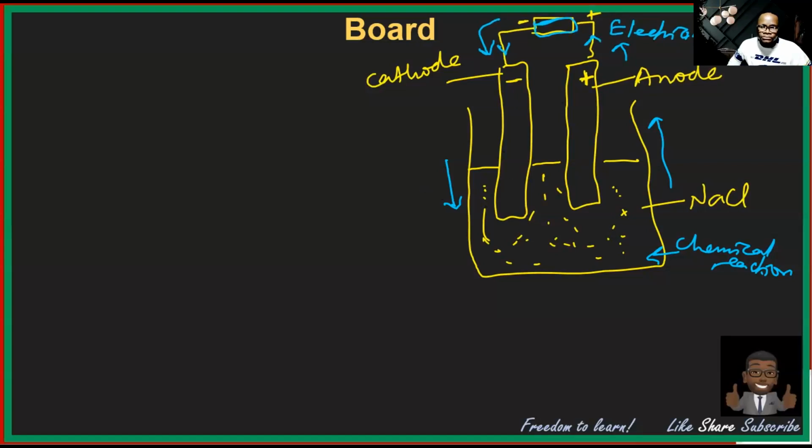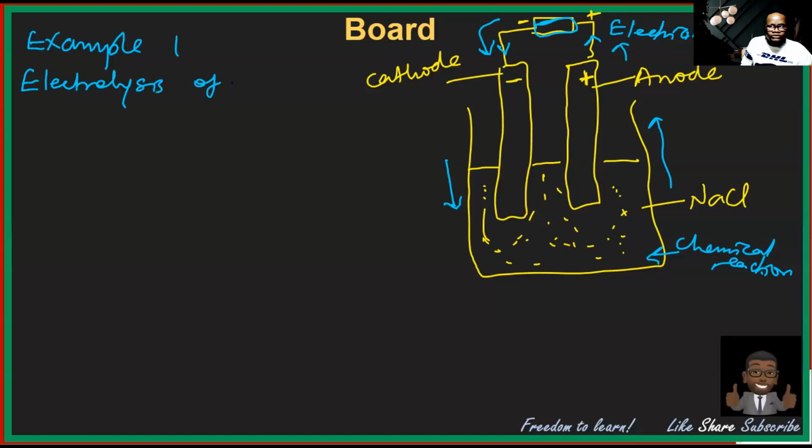Okay, so having laid out this foundation, let us now see what happens. I'm going to take example 1. Now I want to look at examples of electrolysis. Example 1, we'll look at electrolysis of molten sodium chloride.